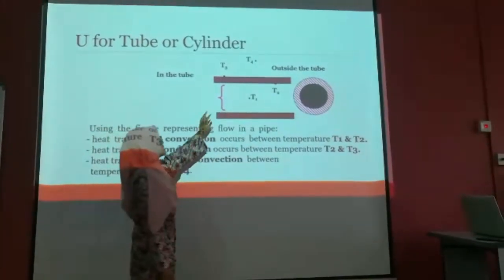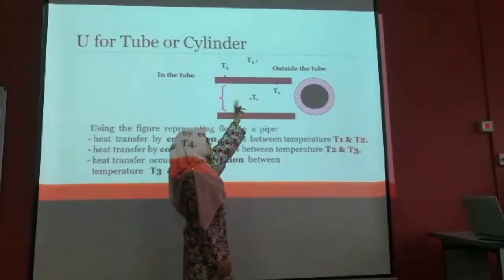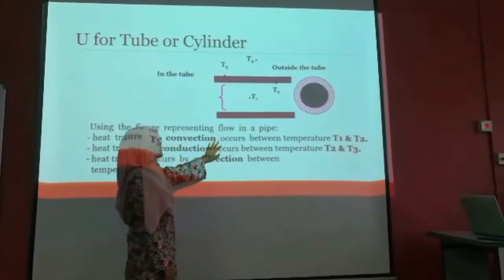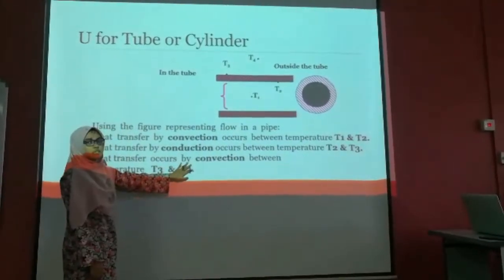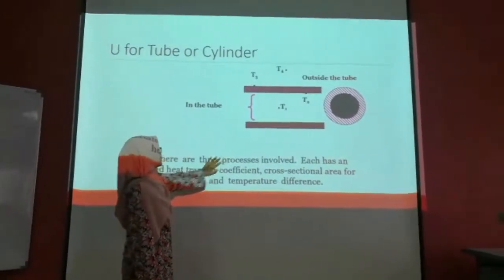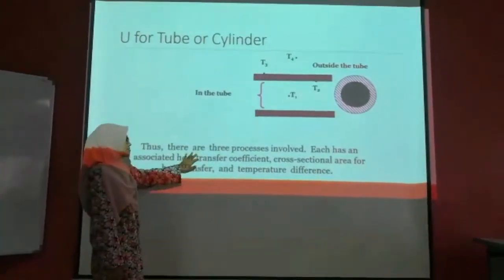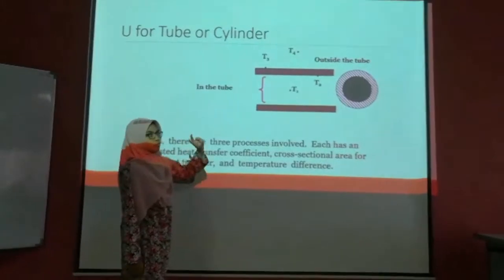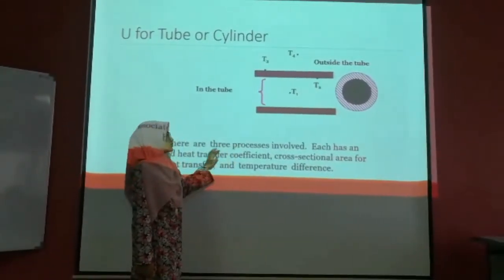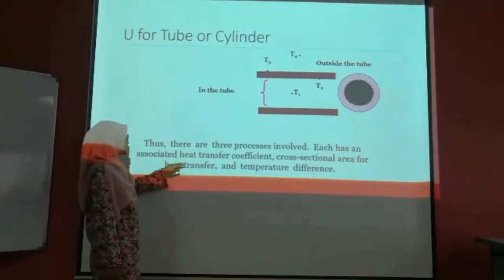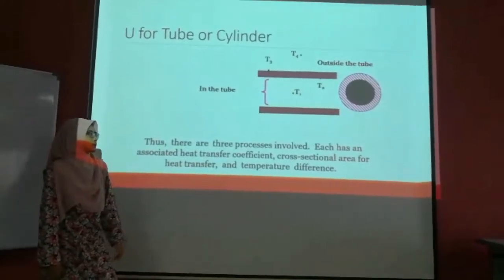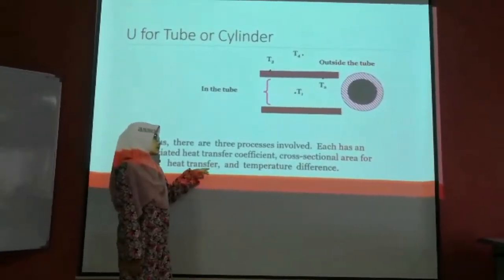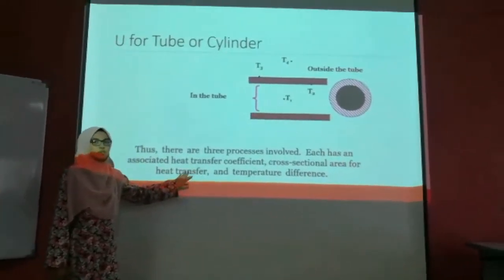Between T3 and T4, which is outside the tube, the heat transfer occurs by convection. We have three processes, which are two convections and one conduction. Each is associated with a heat transfer coefficient, cross sectional area for heat transfer and temperature difference.